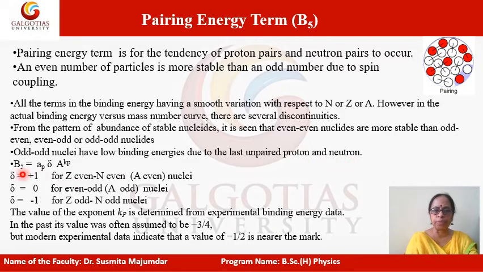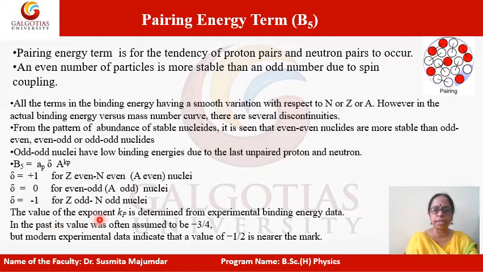So B5 is equal to AP delta A to the power Kp. Delta is equal to +1 for Z even, N even, that is, capital A also even nuclei. Delta is equal to 0 for even-odd nuclei. Delta is equal to -1 for odd-odd nuclei.